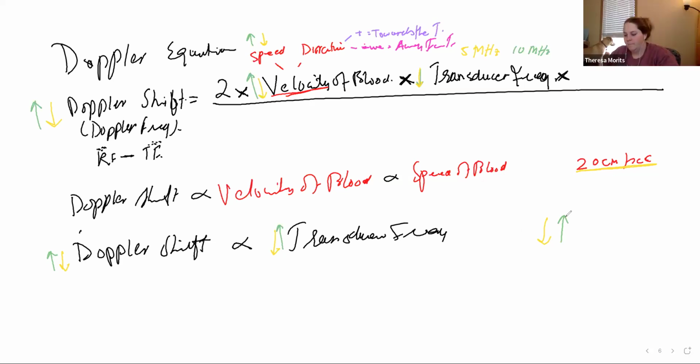Okay, so your Doppler shift will increase. The velocity still remains the same. Clear? So what you will see in the exercise questions they will be asking you is which has the greatest velocity, which has the greatest Doppler shift.